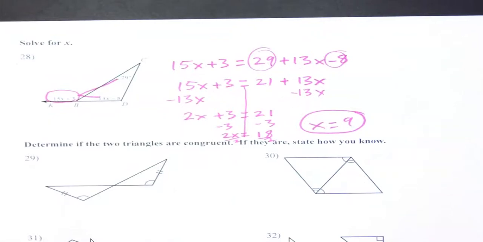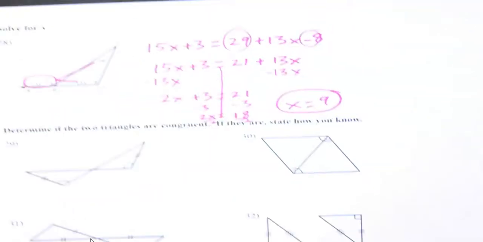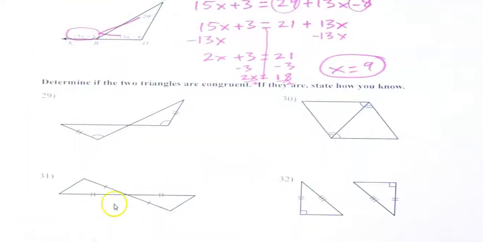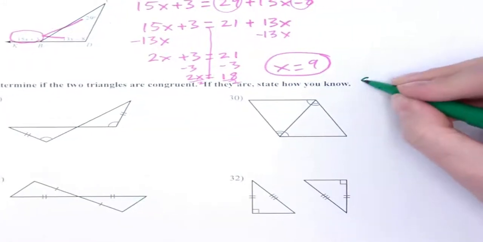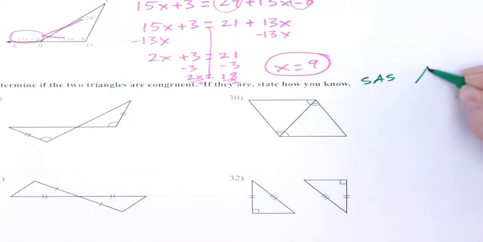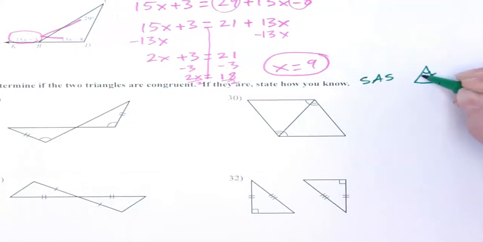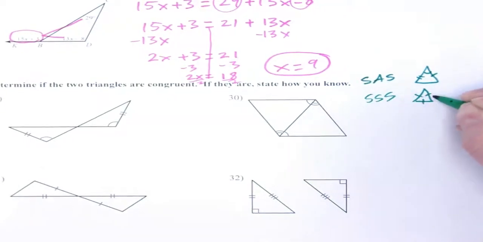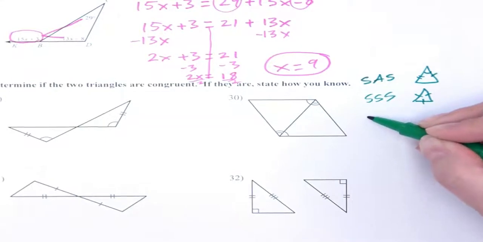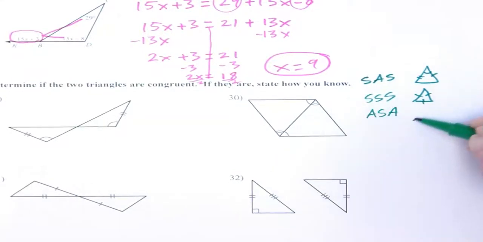So now we are to our determining congruence. So our options here are side angle side, so anytime we have two sides with an angle marked in between them. Side, side, side, if we have all three sides marked for us. Angle, side, angle, where we have an angle, a side, another angle.